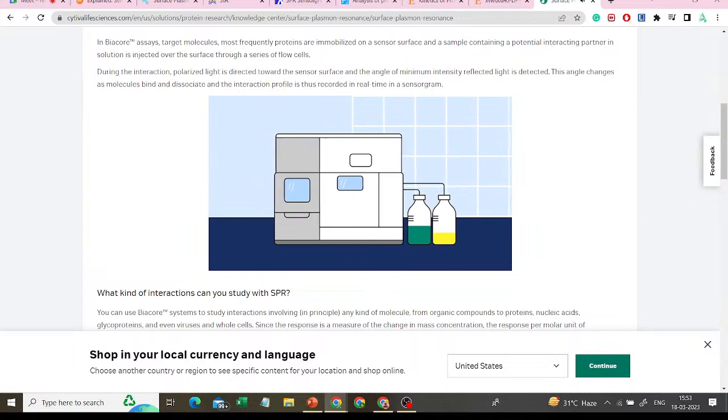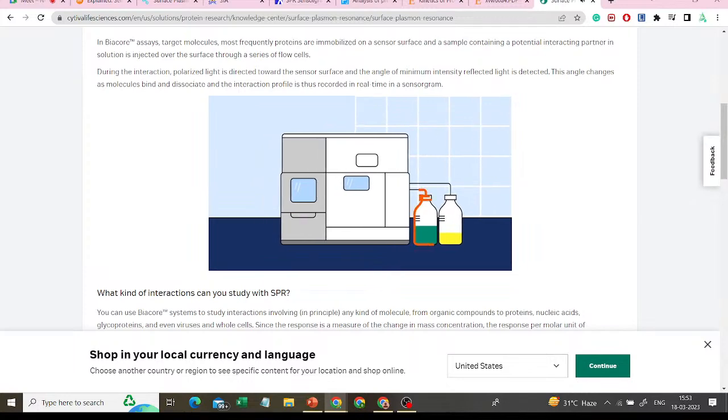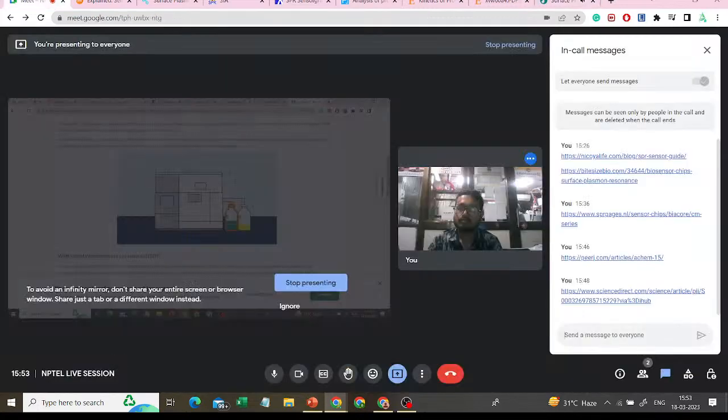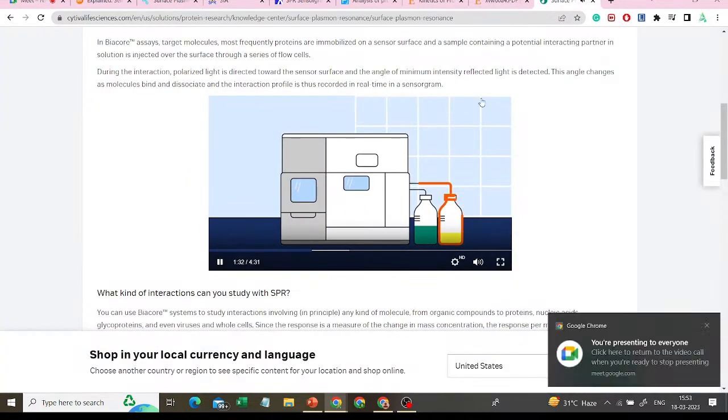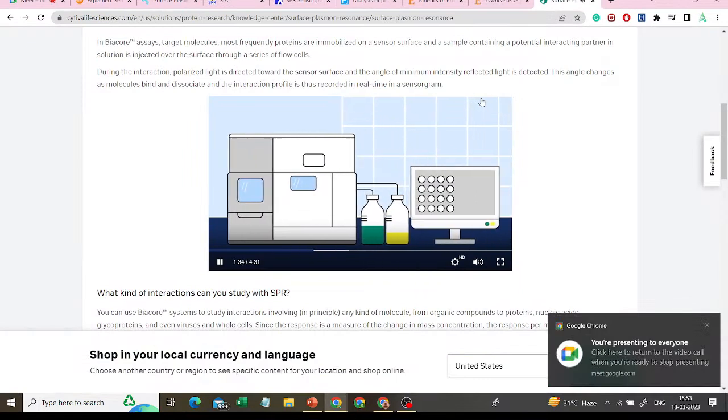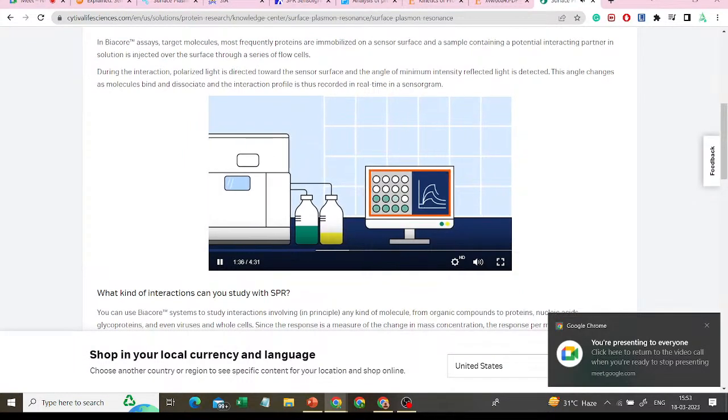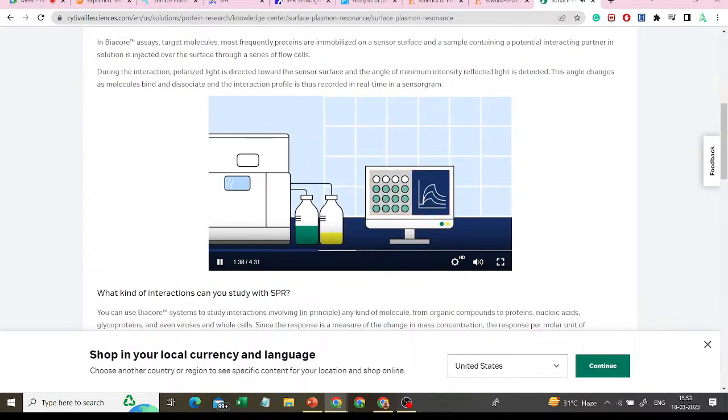Additionally, the microfluidic system supplies the sensor chip with buffer from the buffer bottles and delivers waste liquid to the waste bottle. The operation of the instrument and the data collection and evaluation is handled by intuitive software. Let us show you how the components work together.